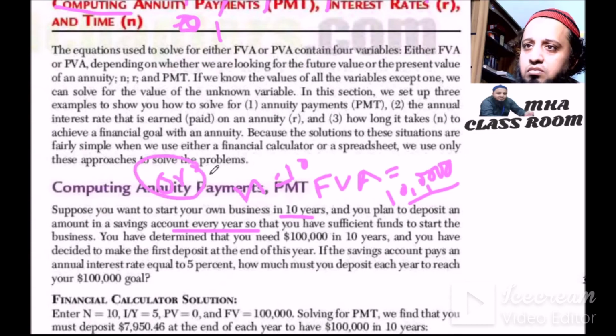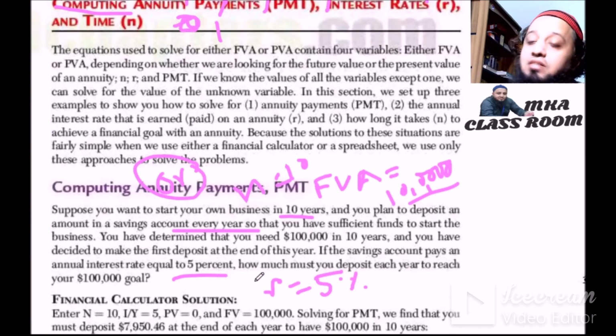So it is also clear, and the rate of interest is 5%, R equal to 5%. And here it asks, how much must you deposit each year to reach the goal?